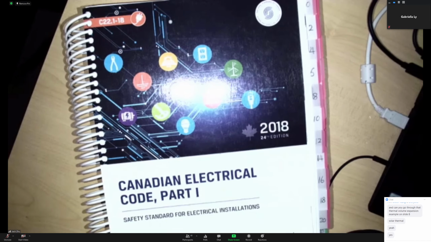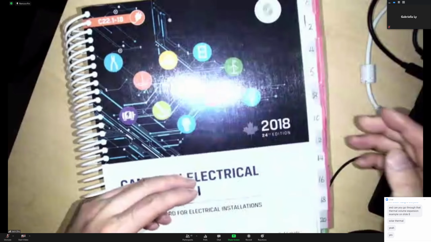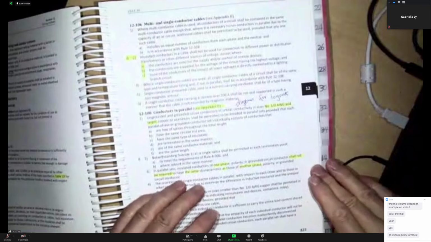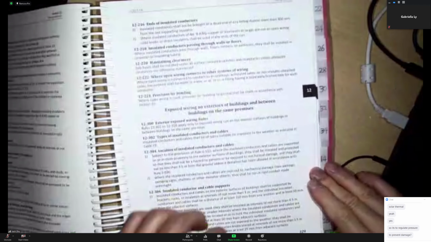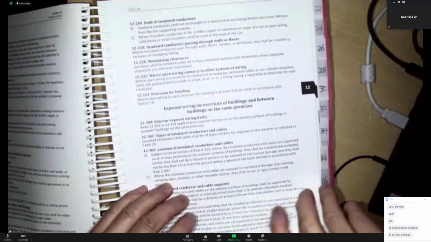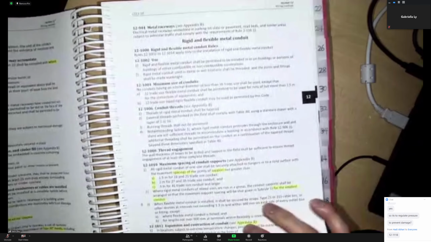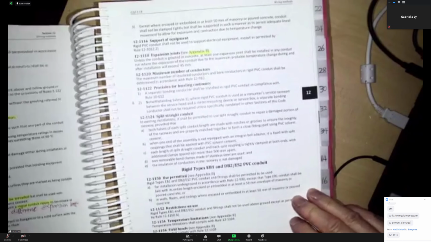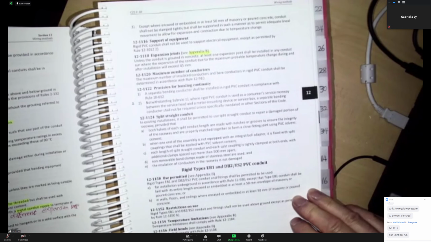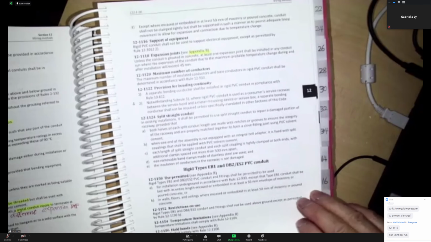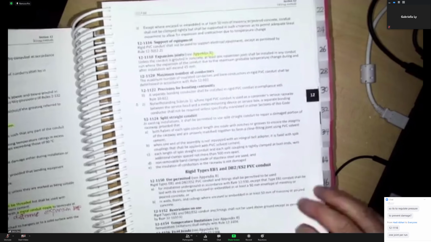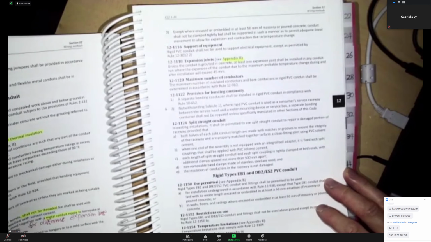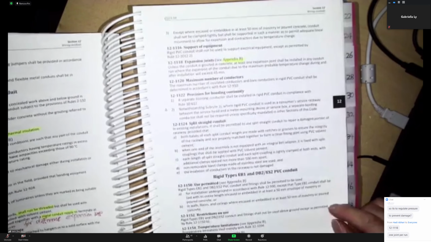I think in Section 12, when they're talking about rigid PVC, you guys probably did that. With rigid PVC, we usually do an expansion calculation.